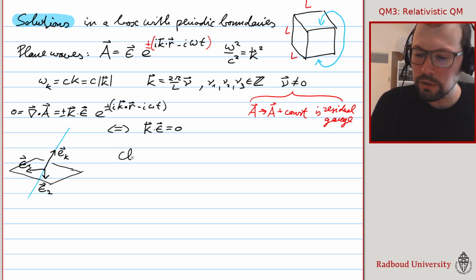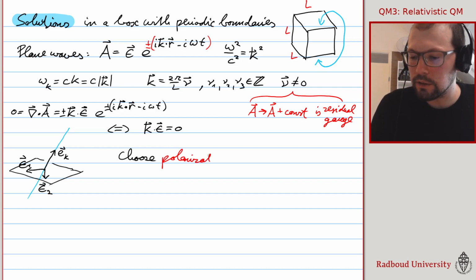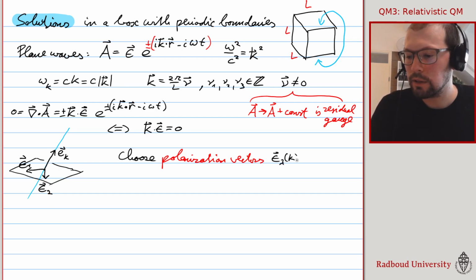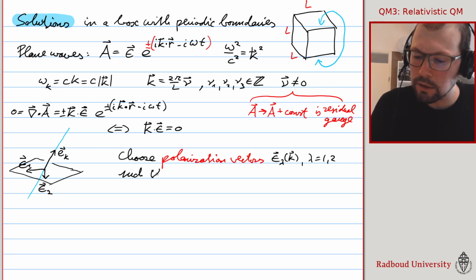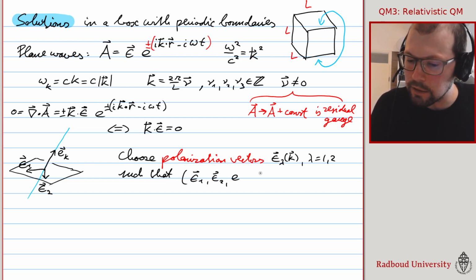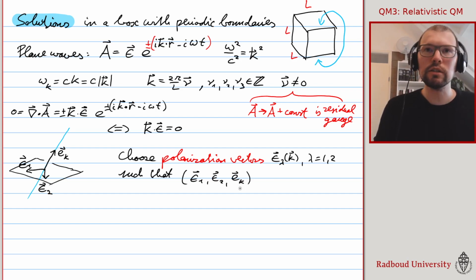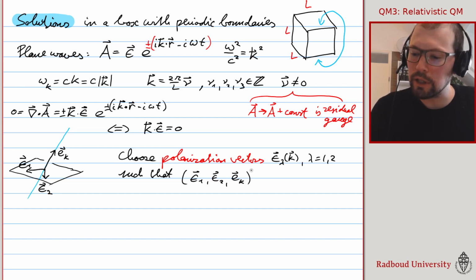So we're going to choose polarization vectors epsilon subscript lambda, depending on our wave vector, where lambda is either 1 or 2, in such a way that the combination of these 3 vectors, the 2 polarization vectors and the unit vector in the direction of the wave vector, form an orthonormal basis.